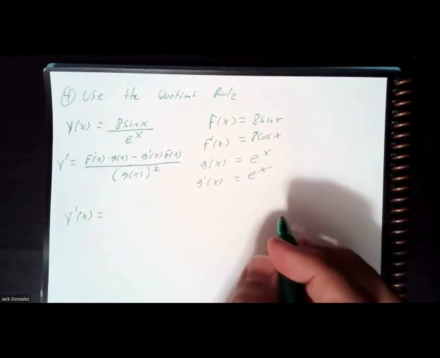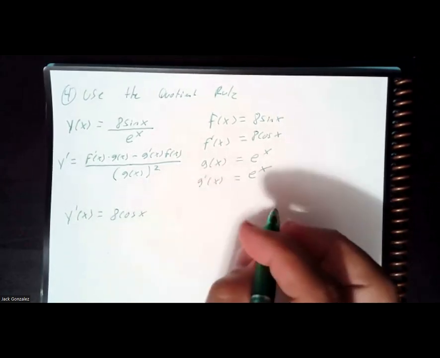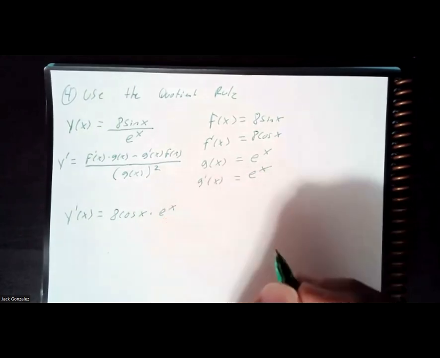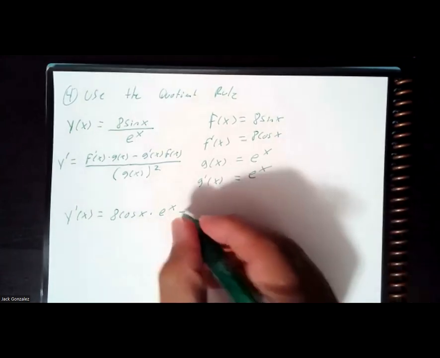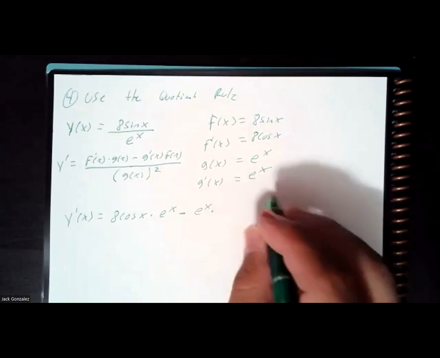The y prime will be 8 cosine times g, minus g prime times f.